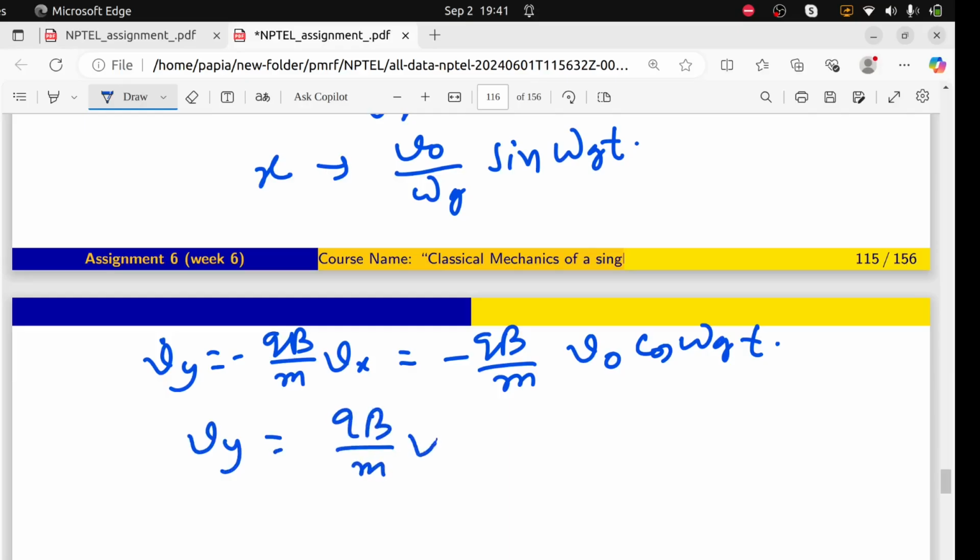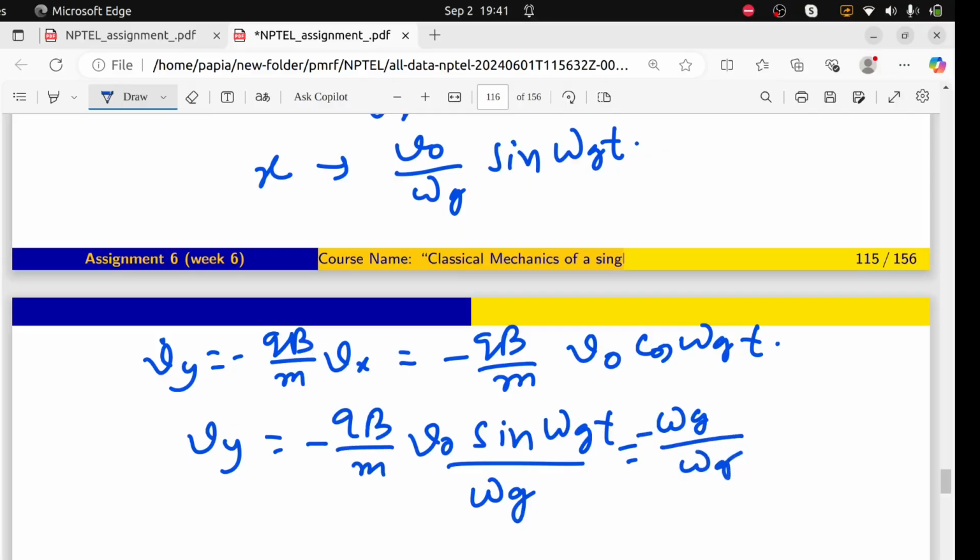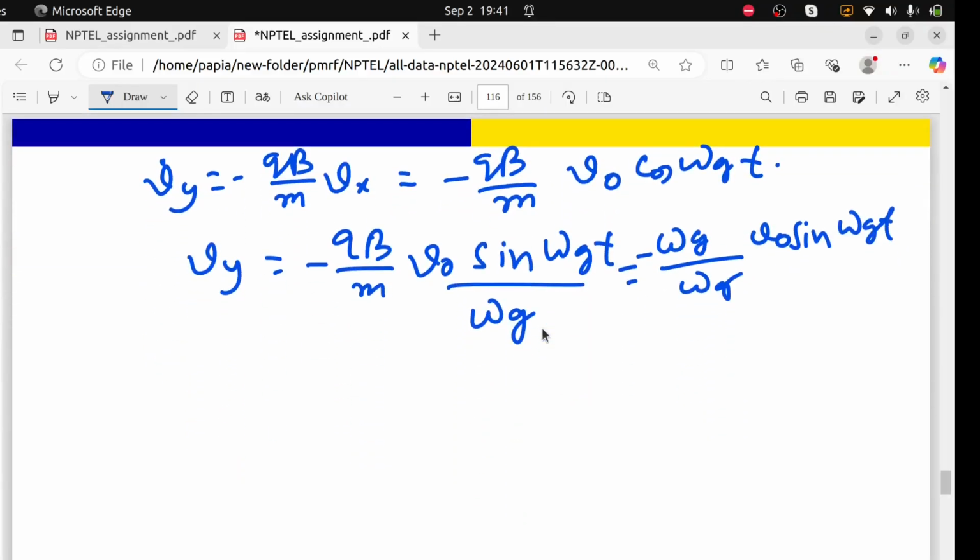So Vy is qB by m V0, and the integration of cos is sine omega z t divided by omega z, and qB by m is omega z. So omega z by omega z V0 sin omega z t. So this is minus V0 sin omega z t.